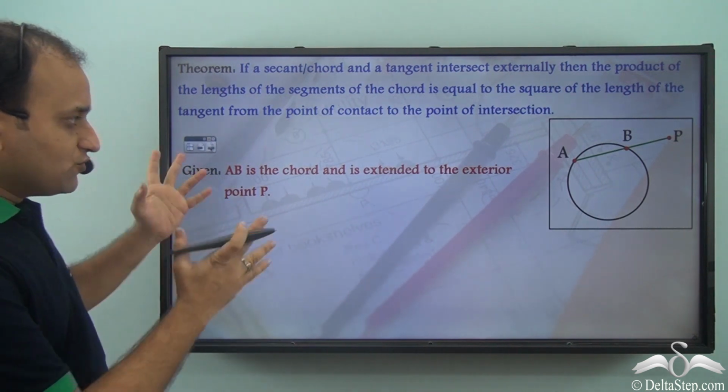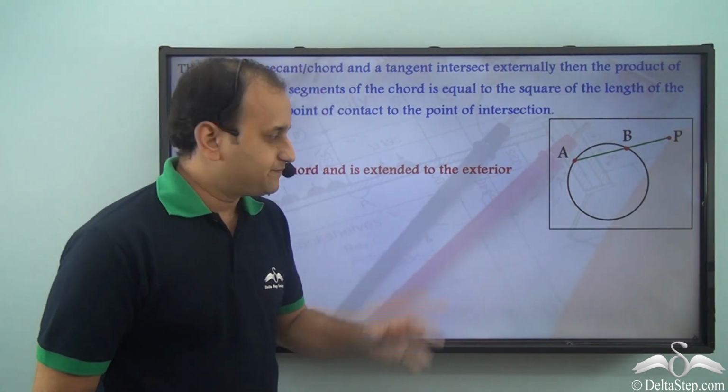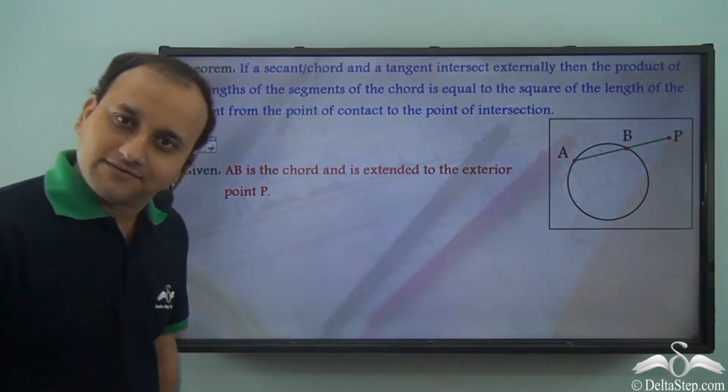Now, if we need to prove this theorem, how do we go about it? Well, first of all, what is given?